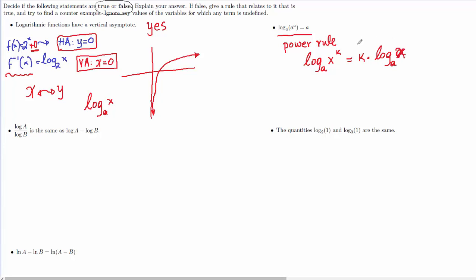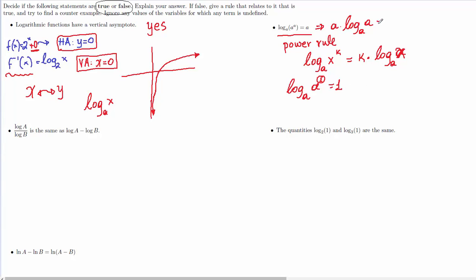Okay, so following that power rule, it tells me nothing else than a times log with base a of a. Now we also know that the log with base a of a is nothing else than 1. Why? Because a has no visible exponent, so we can assume that the exponent is 1, right? Doesn't change anything. a to the first is the same as a. So the log of that is 1.